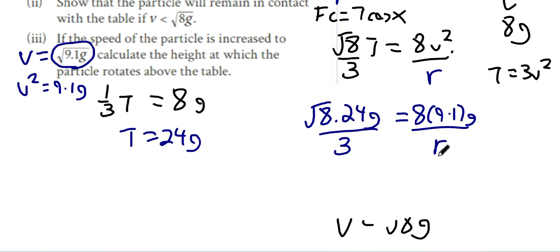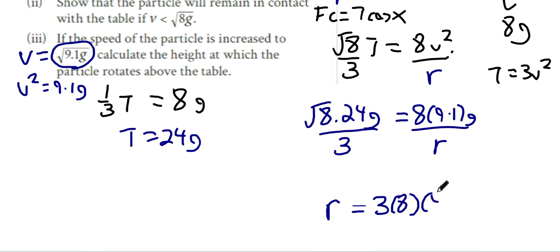And our goal is to isolate the r value. So I'm going to be lazy here. I'm going to do it all in one go. I'm going to bring the r up. I'm going to bring the 3 up. So it's going to be 3 times 8 times 9.1. The g's cancel. And then on the bottom is root 8 or 24 times root 8.